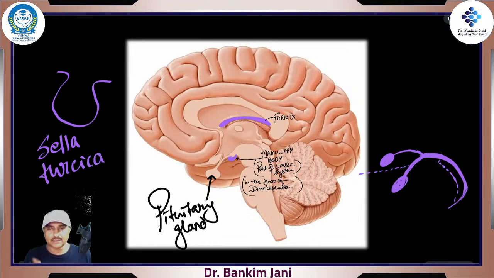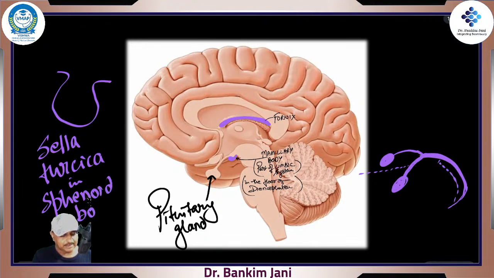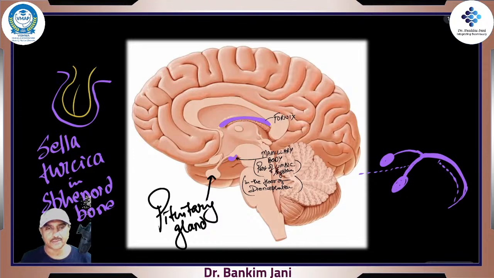Sella turcica is nothing but in sphenoid bone, there is a gap, a pouch sort of area. In sphenoid bone, this is like a bony pouch, and our pituitary gland will be sitting over here. That's where the pituitary sits.